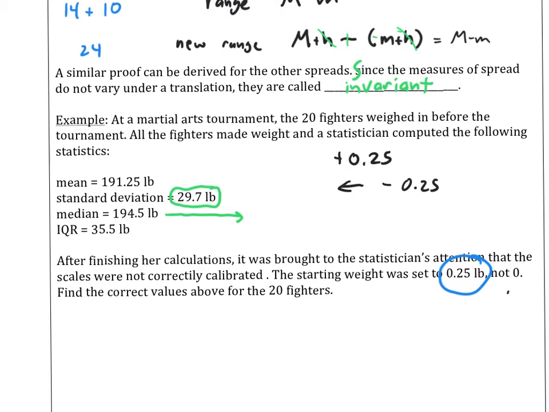So that means the median now is going to be 194.25 pounds. Well, so we have the mean will also go down, 191 pounds. And lastly, the IQR is going to stay the same. There we go.